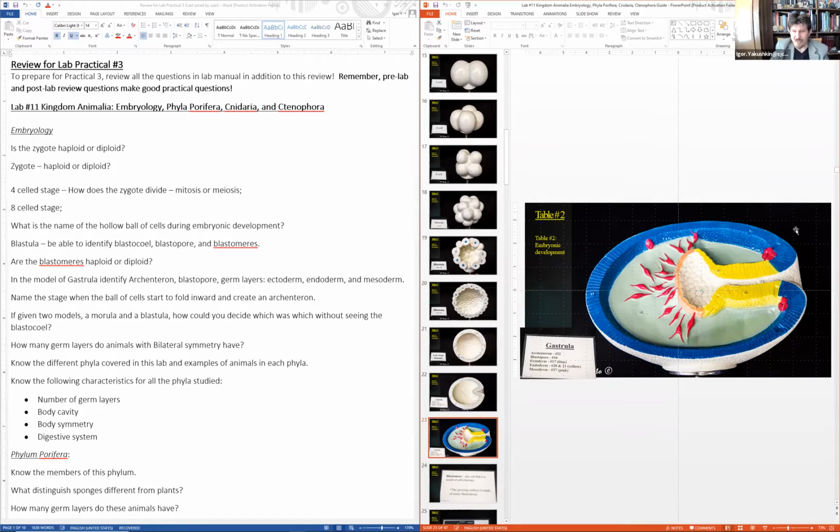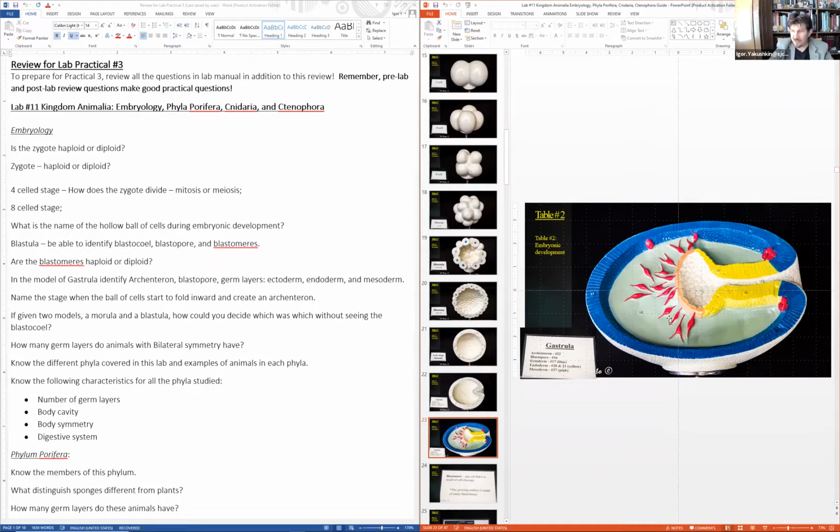Make sense? Anyway, looking at the embryonic layers. The blue one is known as the ectoderm, the outside layer. You see it's on the outside. The yellow one is inside, endoderm.